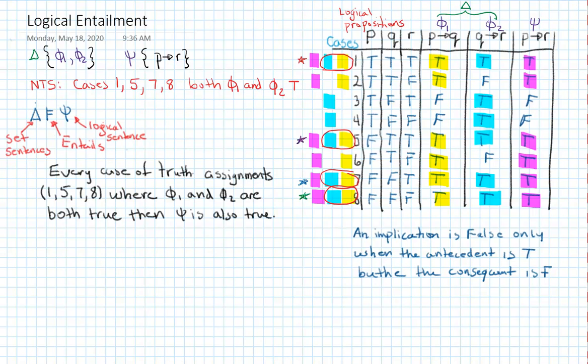So every case of truth assignments that makes phi1 and phi2 true also makes psi true.